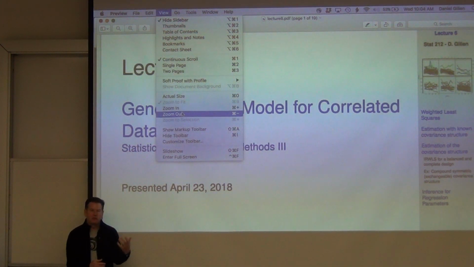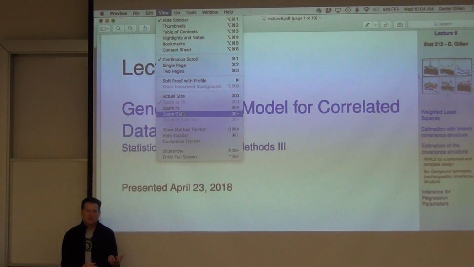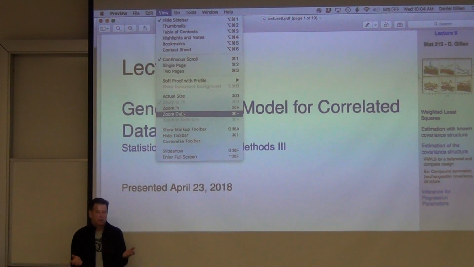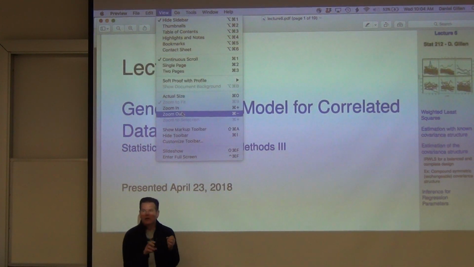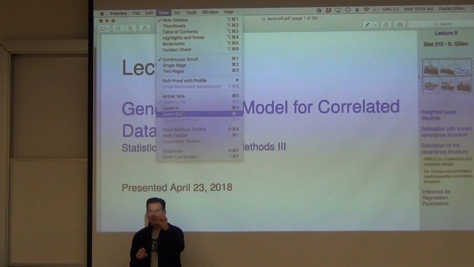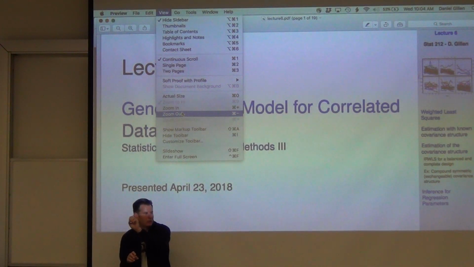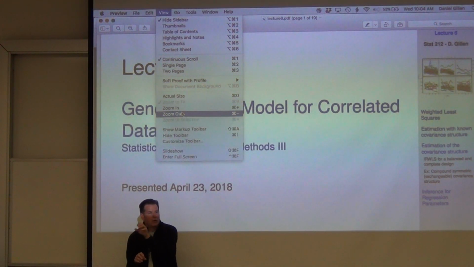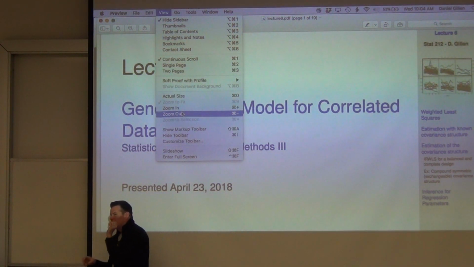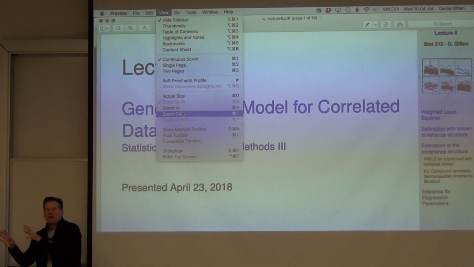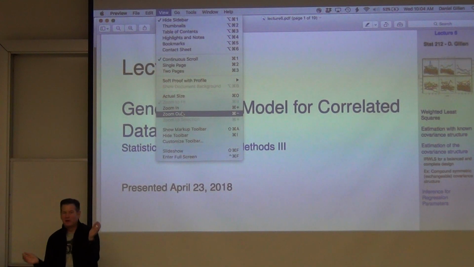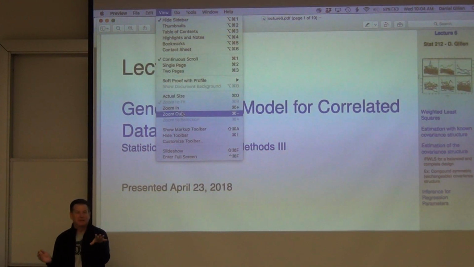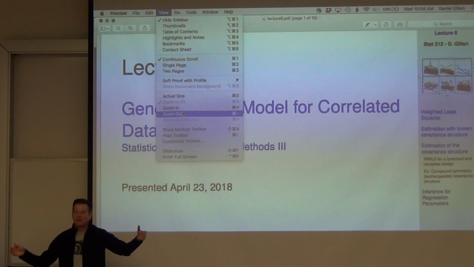When have I kind of stated it, and I've always stated it in the context of a particular type of quote-unquote design. Balanced and complete, right? The idea being that you have large amounts of information on every one of those covariance parameters. So in the cases where you might think about entertaining an unstructured covariance matrix and estimating all those parameters, you better start thinking about, I have balanced and complete data and I've got a lot of independent clusters.